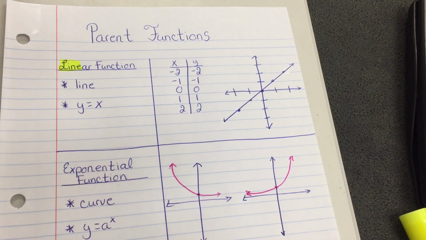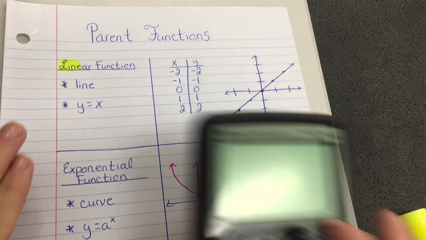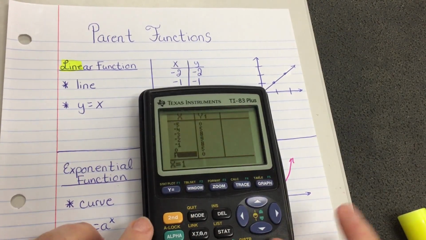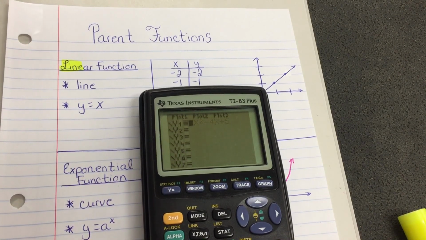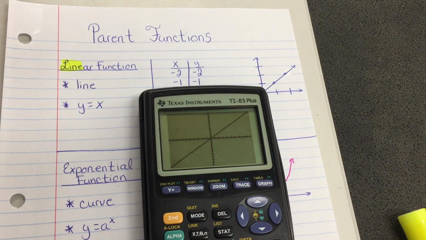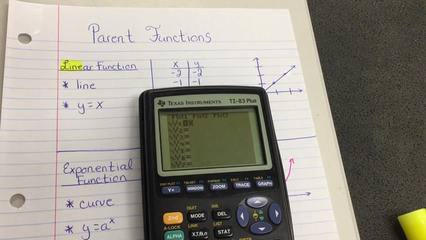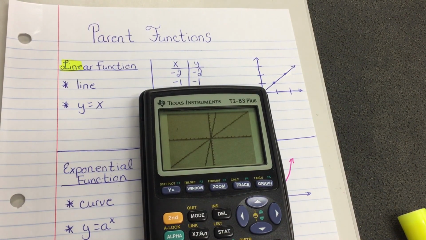What does that formula look like? Y equals x. As you multiply numbers, y equals 3x. So let's look at this. Let me go to my y equals. If I type in x, there you go. You have the parent function. If I go to y equals and let's say y equals 5x, now it's more steep, but it's still a line.